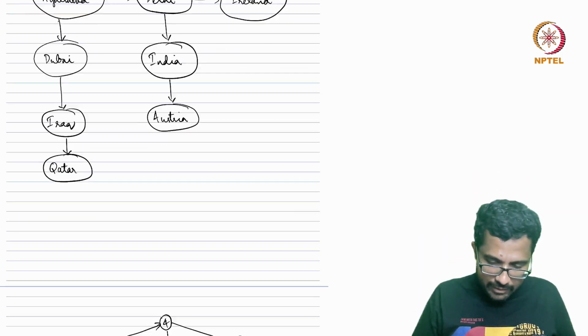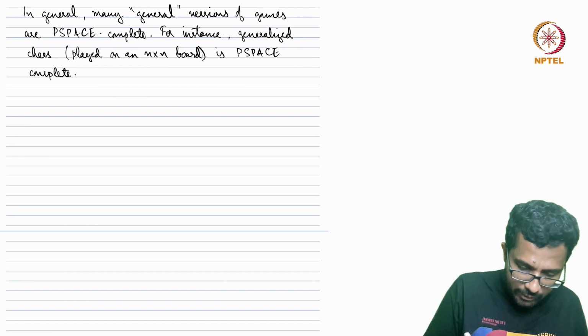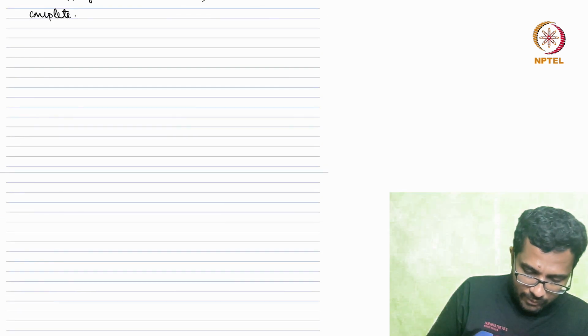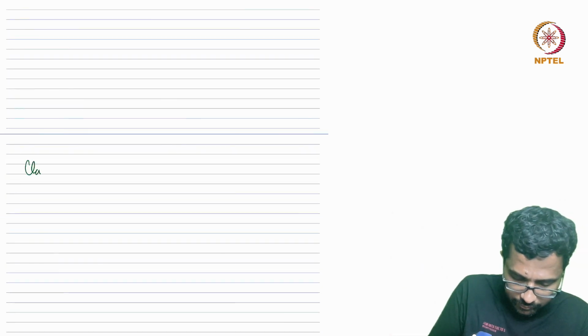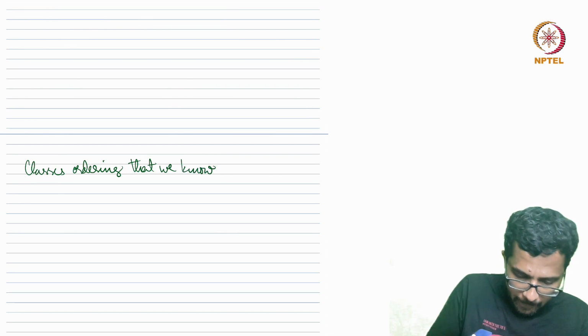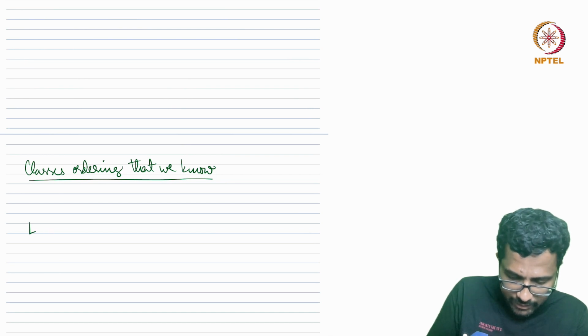So maybe before I forget, I'll just write down a listing of the classes ordering that we know. Right. So L is the smallest.